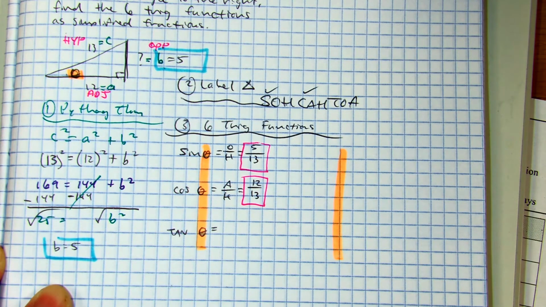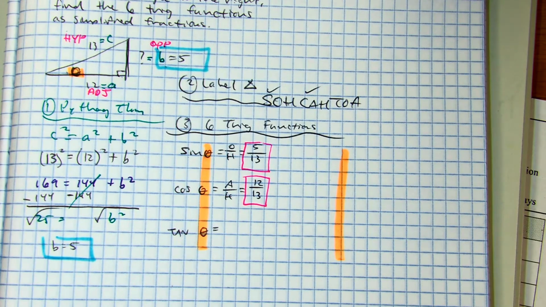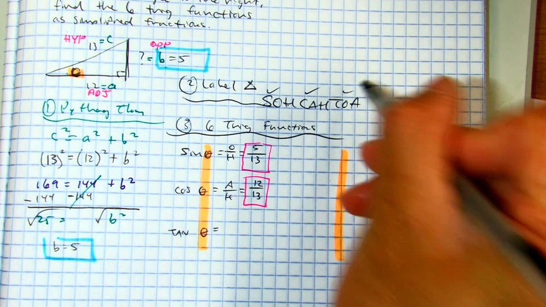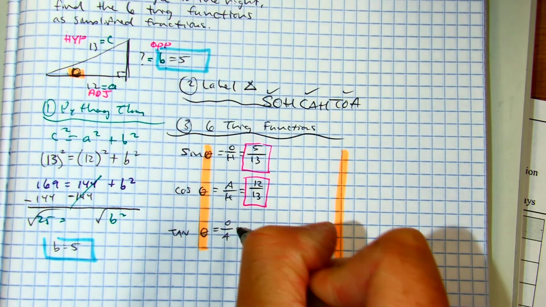Everyone talk to your partner, 5 seconds. Yes, Sebastian. Opposite over the adjacent. And tell me with the numbers now.